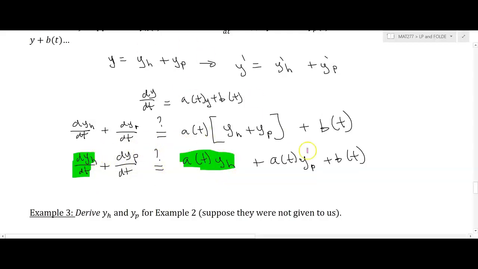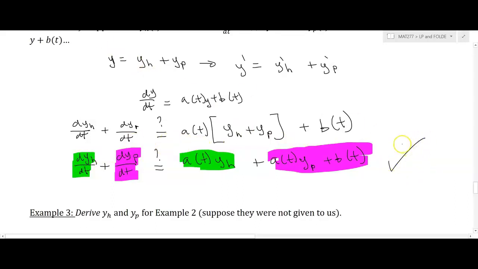I also know that y sub p, its derivative, better be equal to a of t y sub p plus b of t. So the green is equal to the green, the purple is equal to the purple, and therefore these two sides are equal to each other because the green plus the purple equals the green plus the purple, for a lack of mathematical speak.